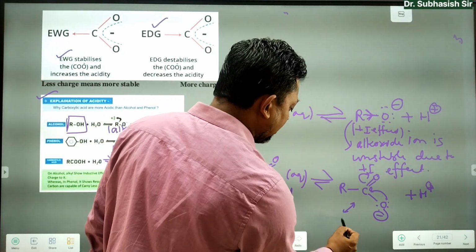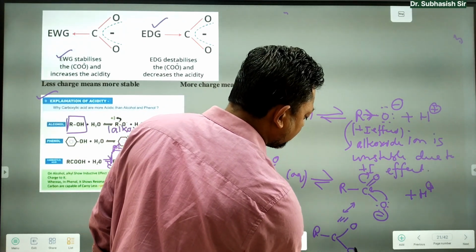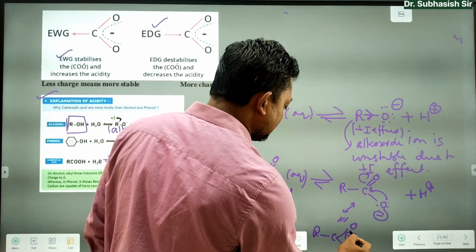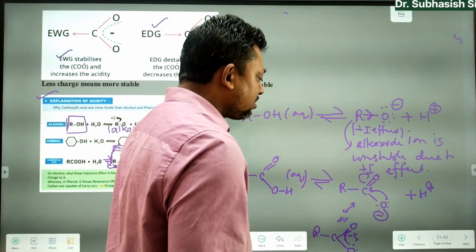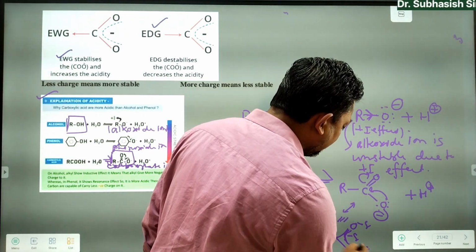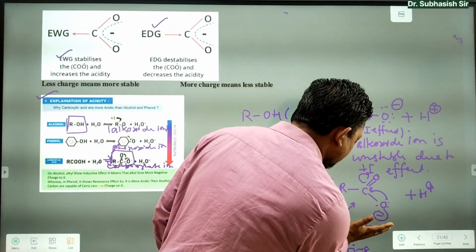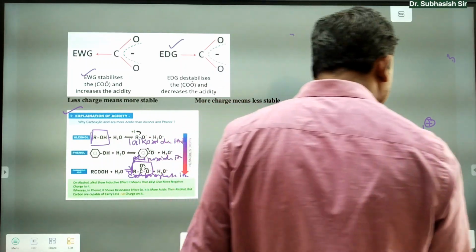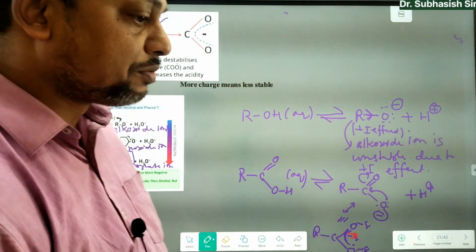So ultimately you will have a resonating structure where the electron will come from oxygen to oxygen. So this electron can come into this and ultimately it reaches this oxygen. As a result, both these oxygens get partial negative charge, right?